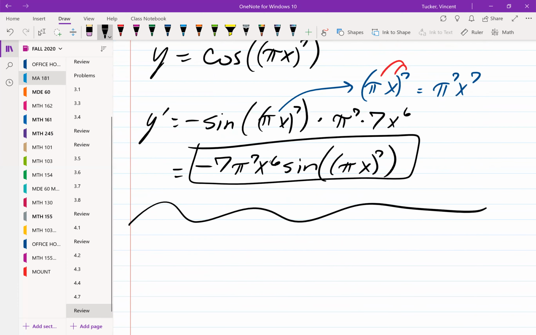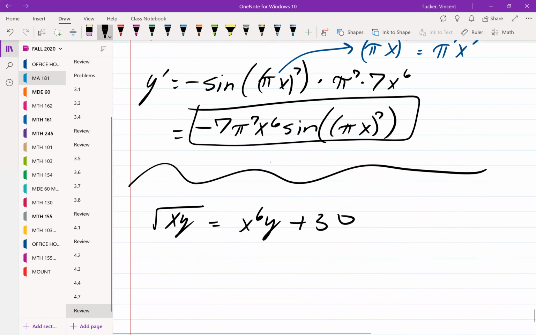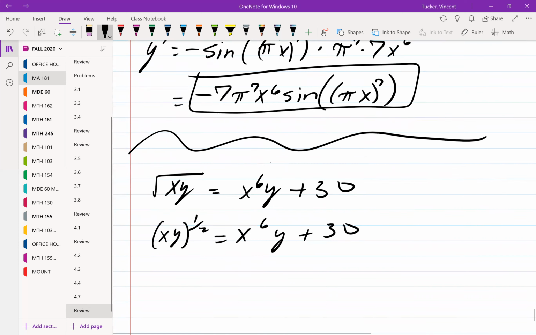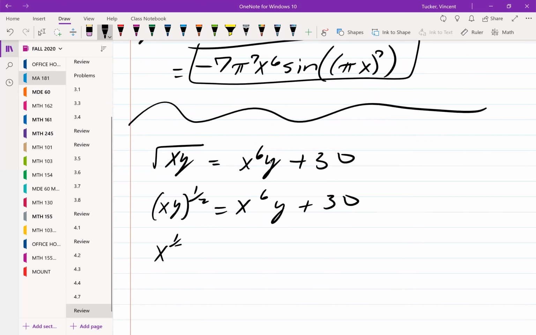Two more here, looking at implicit differentiation. The next two, we have the square root of xy equal to x to the 6 y plus 30. So we're going to apply the derivative with respect to x to each piece. Here, I would rewrite this with an exponent of 1/2. So this is x to the 1/2, y to the 1/2.